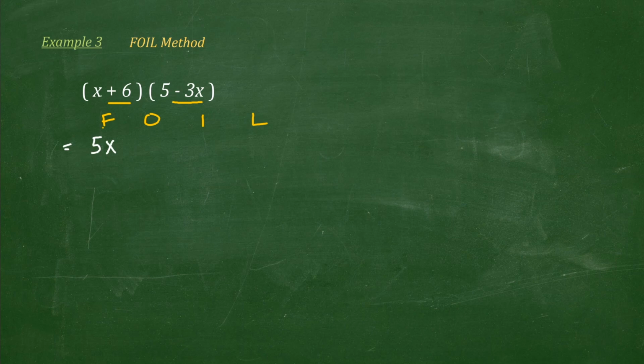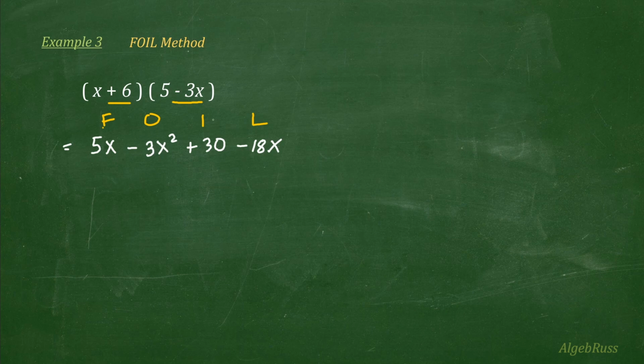Then outer terms, x times negative 3x is negative 3x squared or minus 3x squared. They're the same. Inner terms, positive 6 times 5 here is positive 30 or plus 30. The last terms, positive 6 times negative 3x is negative 18x or minus 18x.